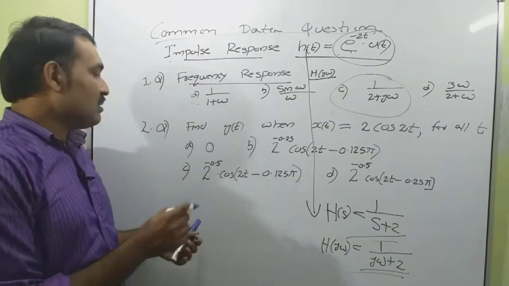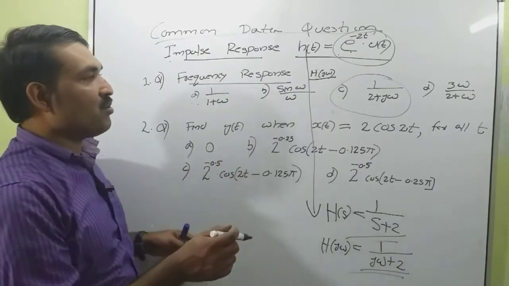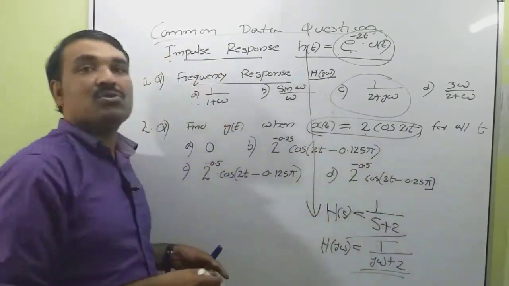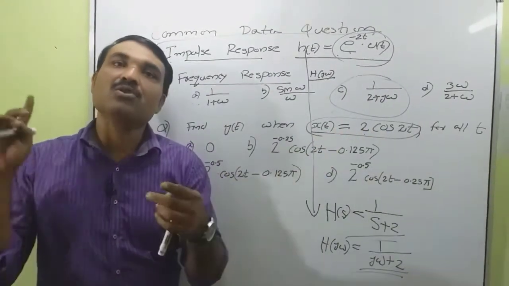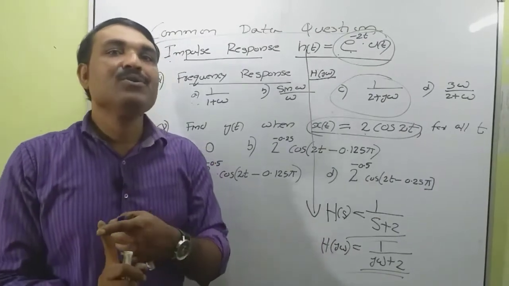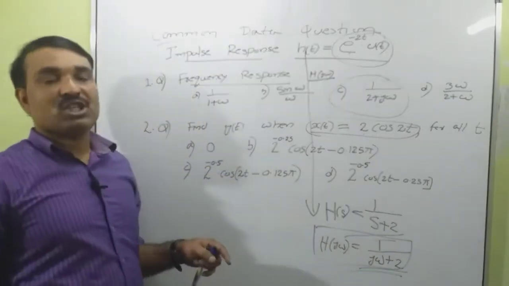Okay. Now the second part of the question is, we want to find the response y of t when input is 2 cos 2t. Okay, so it is a cosine signal, so the output should be also a cosine signal, and its amplitude and phase will depend on this transfer function.